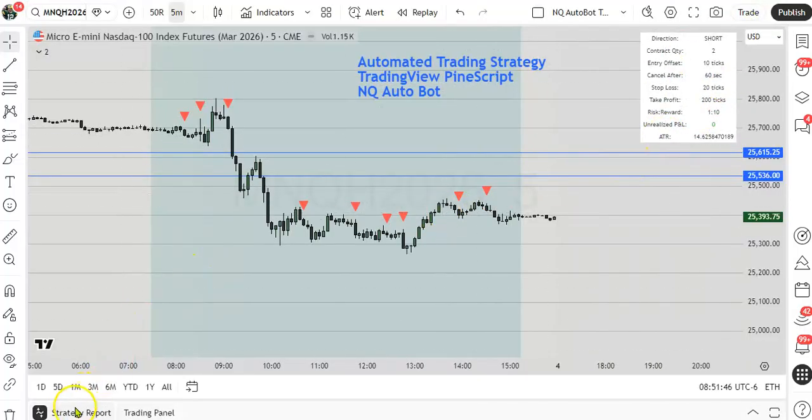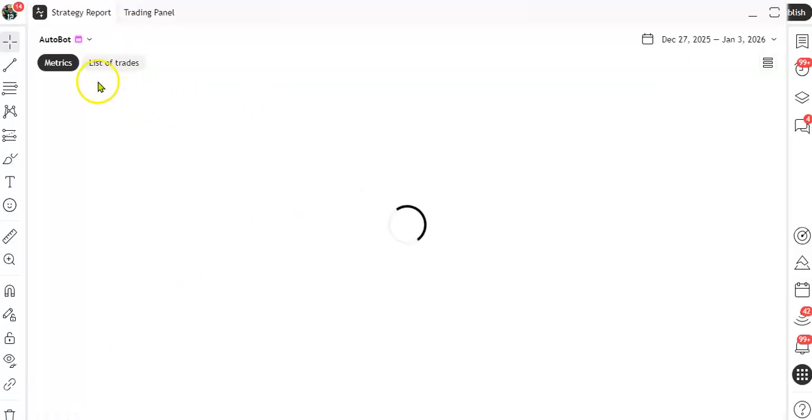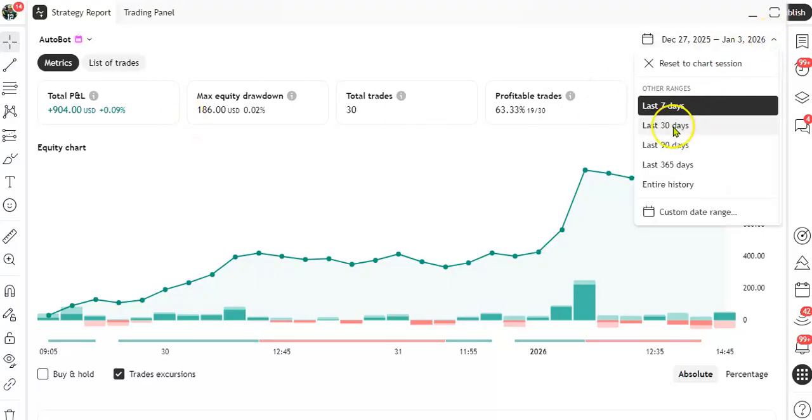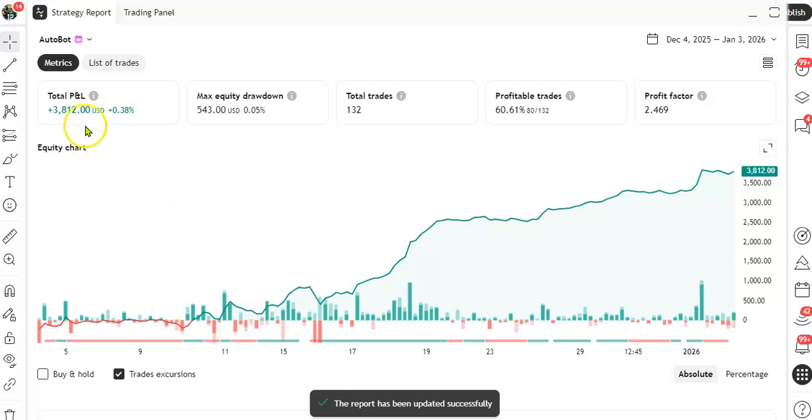Oh, I want to go to the monthly here. Let me go one more time, just to show you that it's not just a flash in the pan. 904, and so let's look at the last 30 days. And there it is. This is with 2 contracts. 130 trades divided by 30, so that's 4 to 5 a day.